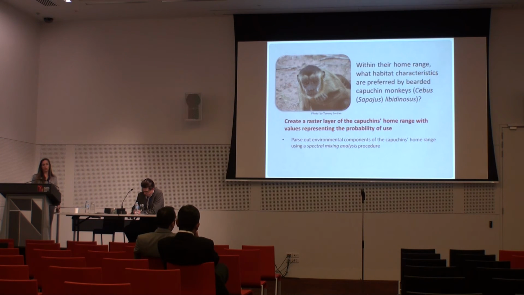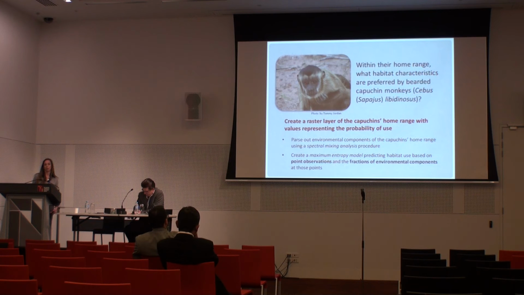So the first step that we executed to complete this goal was parsing out environmental components of their home range using spectral mixing analysis. And then we used maximum entropy to predict habitat use based on those environmental components from the spectral mixing analysis, and also from point observations that we had taken in the field, seeing where they were moving.